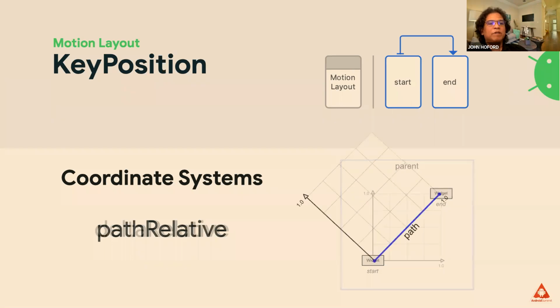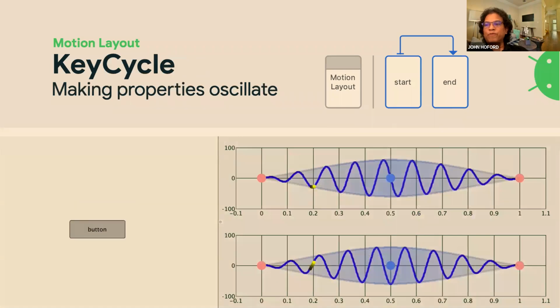Path relative rotates that so that the x-axis is the line between the starting and the ending state, and the y-axis is perpendicular to that. Now, the other thing that we have, and I'm going to just show a few videos of it, is key cycles, and they allow you to make these kind of complex, custom coordinated views.